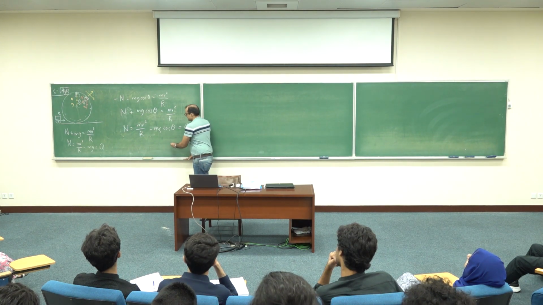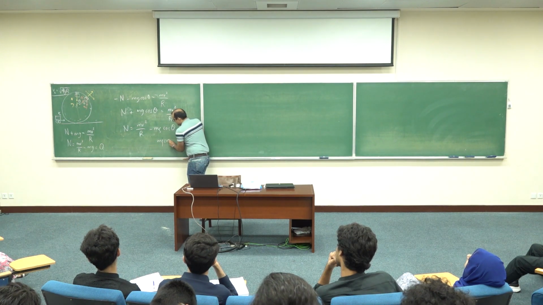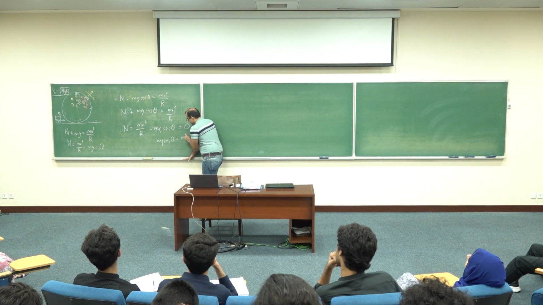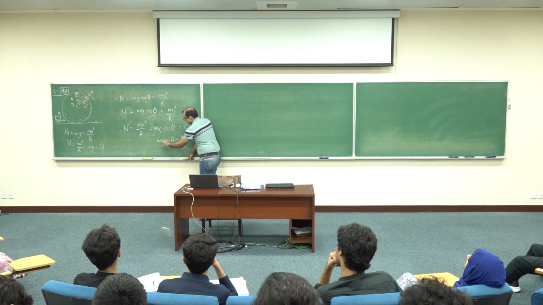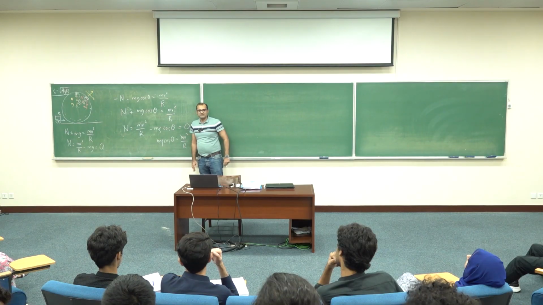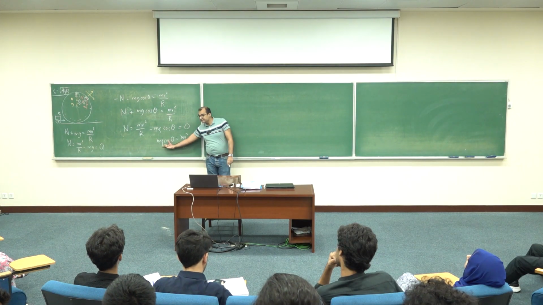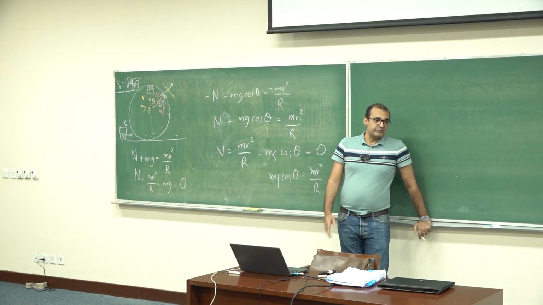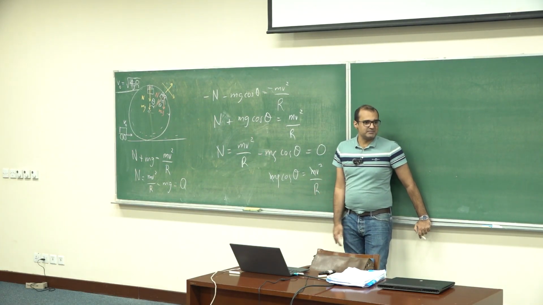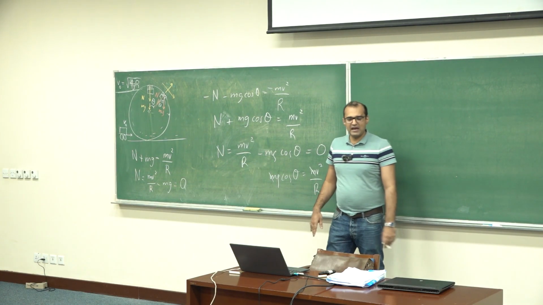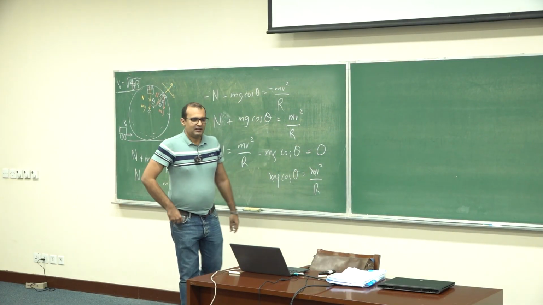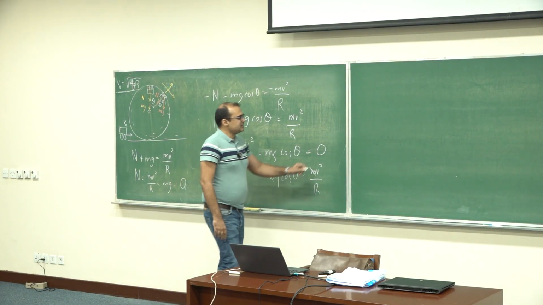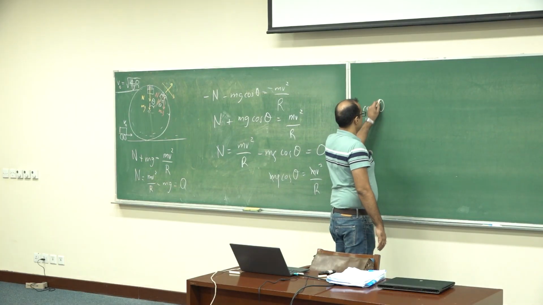And therefore, mg cos theta equals mv square over r. m and m cancel simply because usually whenever you have gravity involved, the force of gravity is proportional to the mass, and the effect of gravity is also proportional to the mass, so that's why m cancels out. ma में भी वही m है और mg में भी वही m है. So you have that cos theta is equal to v square over gr.